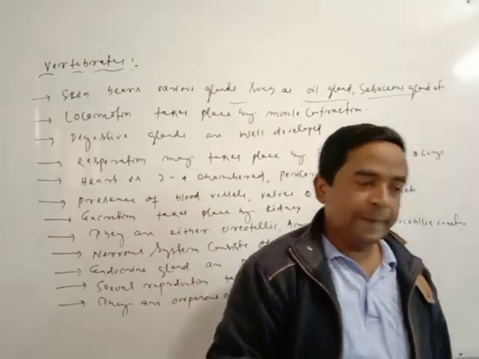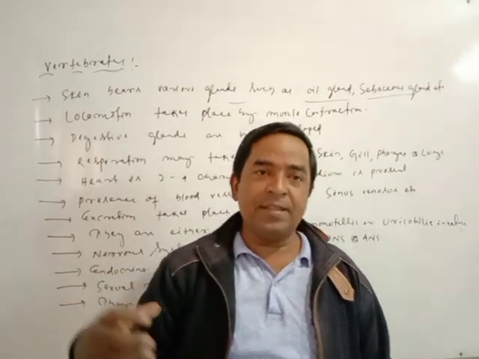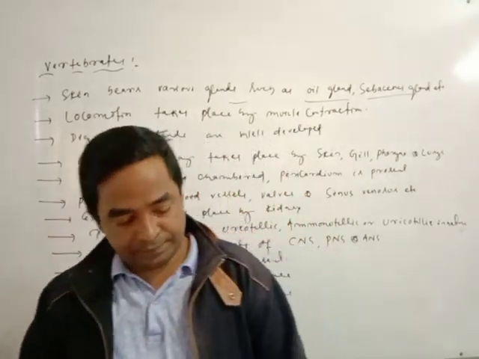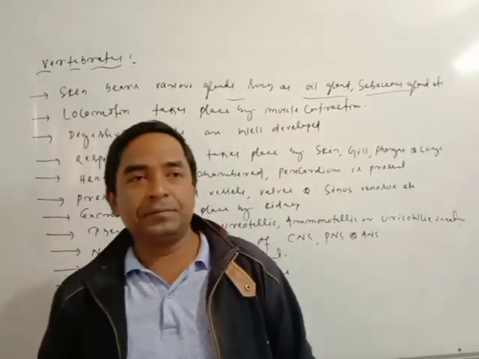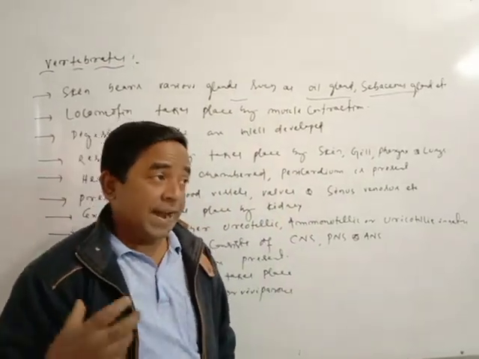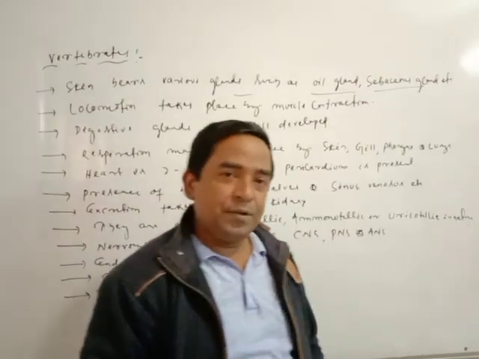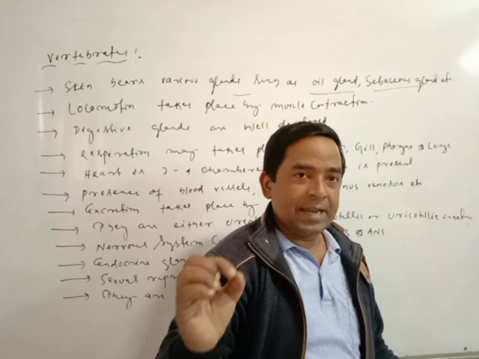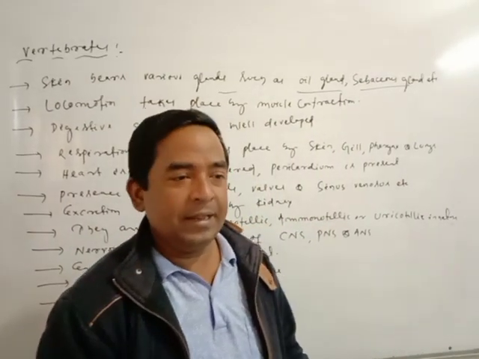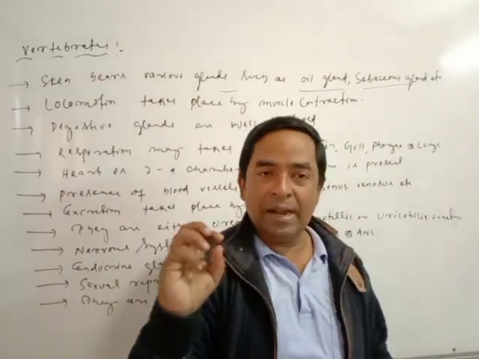Cardiac muscles are present in our heart. Unstriated muscles are present in our visceral organs, and striated or striped muscles are present in our limbs. They contain contractile proteins like actin, myosin, troponin, and tropomyosin.